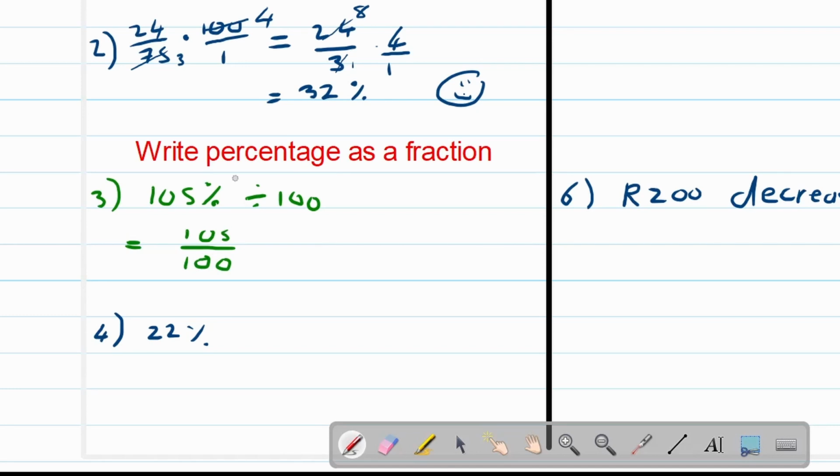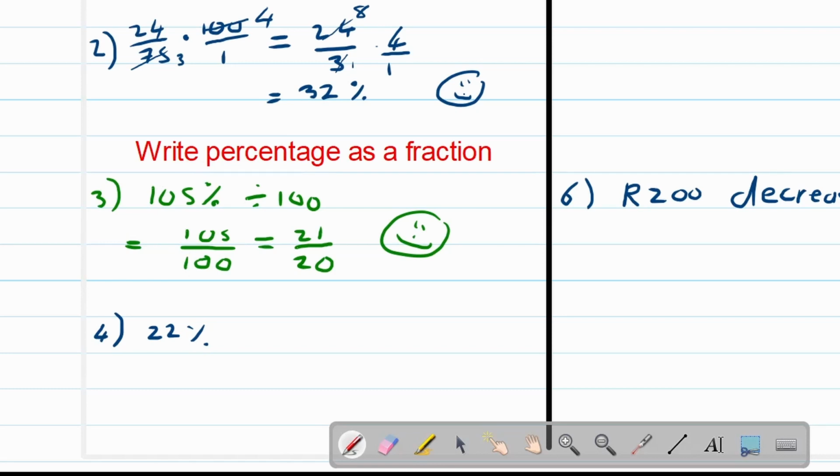And then we also ask ourselves, are there any common factors that we can simplify this? Well, yes. How many times does 5 go into 100? It goes into 100 20 times. How many times does 5 go into 105? 21 times. And there we've solved that one, to write a percentage as a fraction.